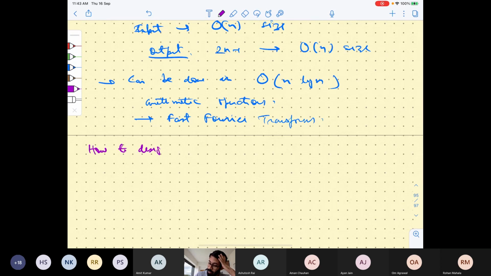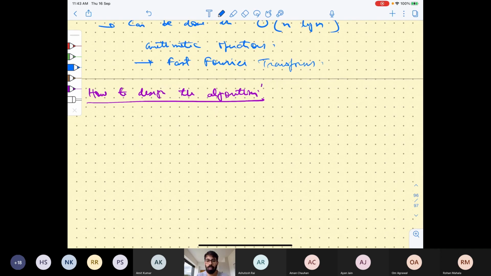So how to design the algorithm. The details we'll have a look at tomorrow, but today we'll just have an overview of how the algorithm is working. Okay. Good. So what we are going to exploit is the connection between convolutions and the product of polynomials, the first application that we saw.